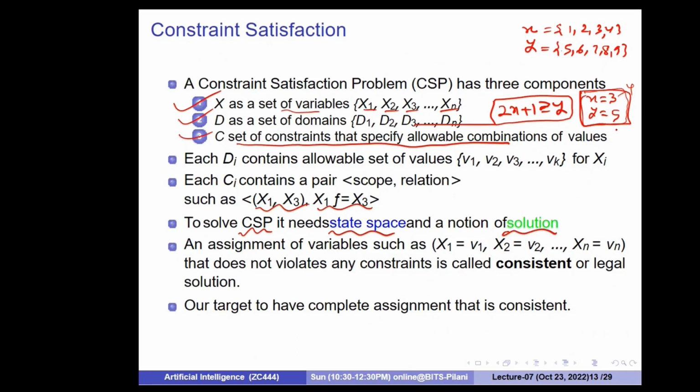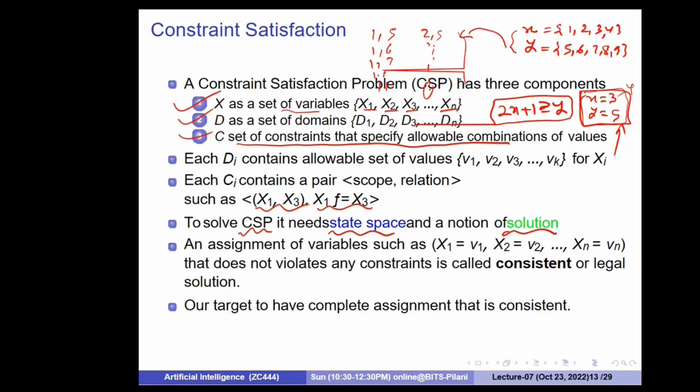And what is the solution? It means when everything is correct. So here, if I want to find out the solution in the search, how many states are possible? For every value of x, I can combine, for example, 1, 5, 1, 6, 1, 7, 1, 8, 1, 9, 2, 5, 2, 6.